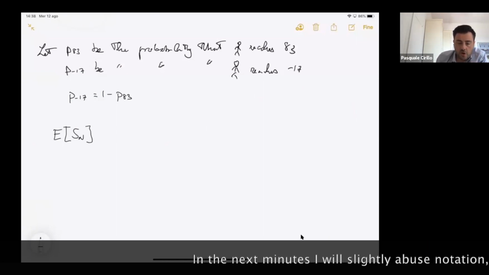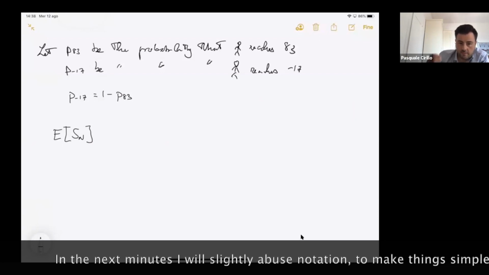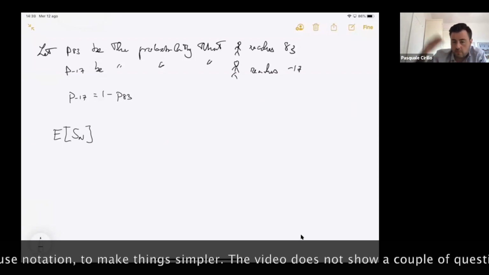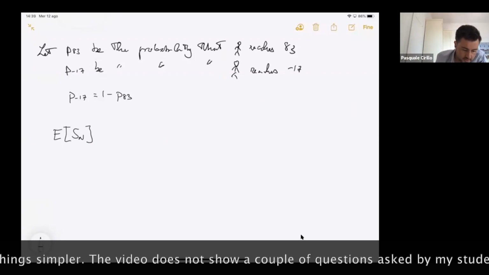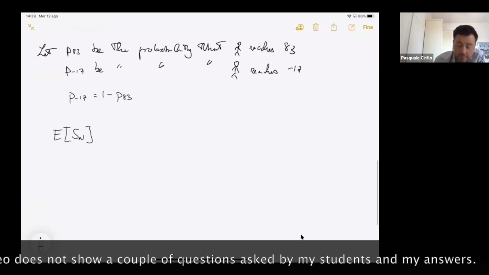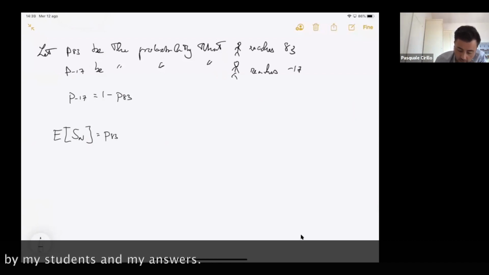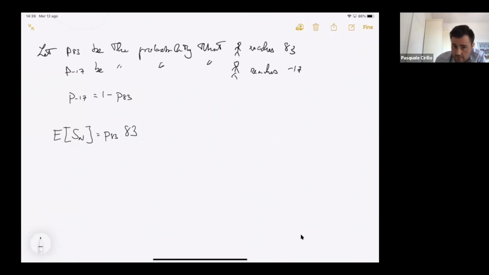The expectation of Sn, that is to say the value at the random time n at which our random walk attains one of the two limit states, is equal to the probability that I will reach state 83, which is P83, times the value of the state, which is 83, plus the probability that I will reach state minus 17, which I just showed is 1 minus P83, times the state minus 17.